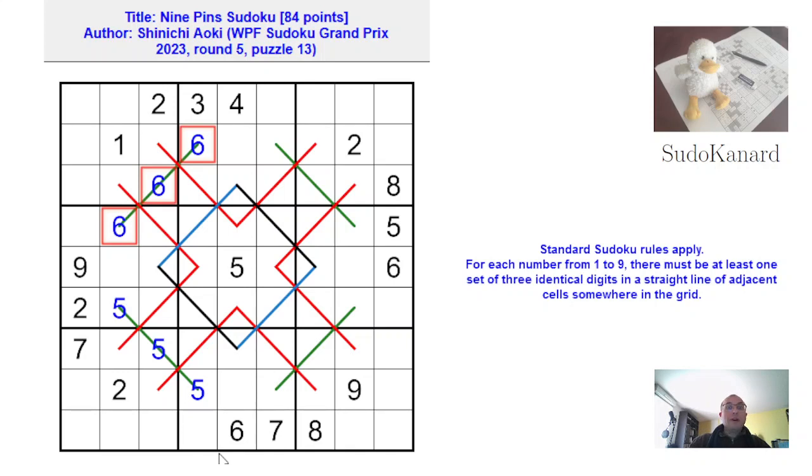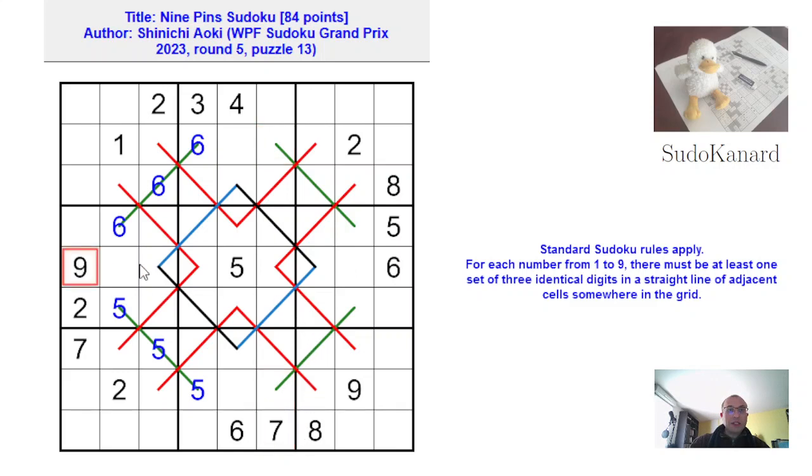Now, what do we see? So 7 seems to be constrained because this 7 sees both green pins here.